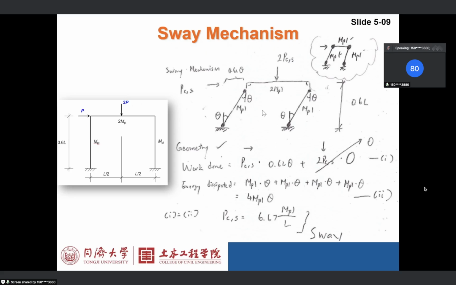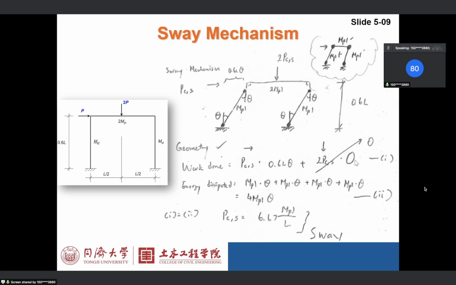So it's PC times 0.6 L, the height of the frame, times delta. This is the horizontal displacement. How about the vertical load?